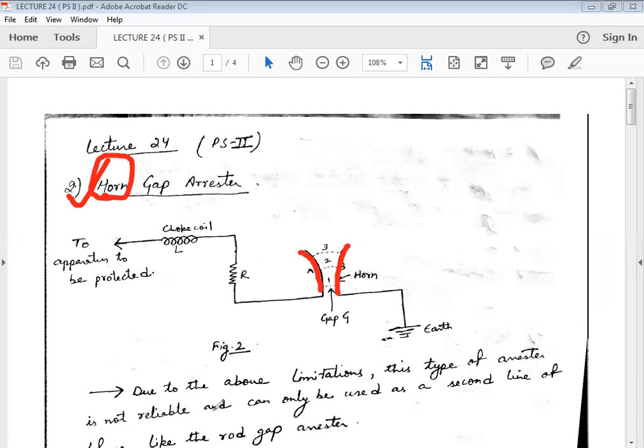During normal operating conditions, there is no arc developed between the two horn type structures. But whenever a fault occurs, the arc gets struck between the two horn structures. As it goes upwards, it goes on increasing, because the arc heats the air surrounding it, so it pushes upwards towards the sky, and this is shown by the dotted line.